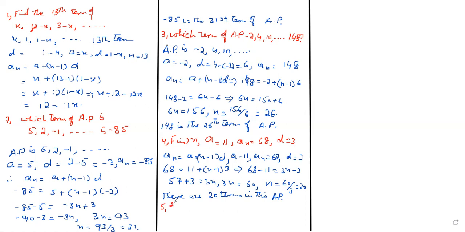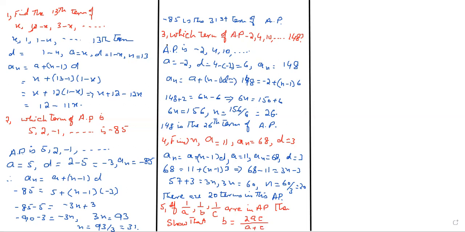So if 1 over a, 1 over b, and 1 over c are in AP, then show that b equals to 2ac divided by a plus c.